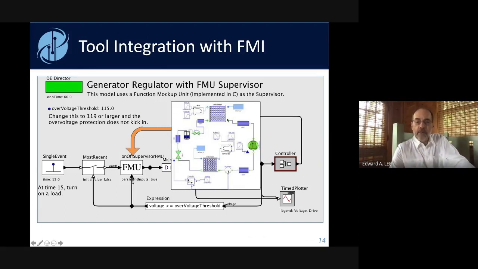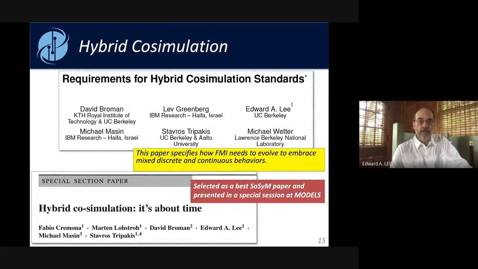So you can integrate Modelica models with Ptolemy II through this FMU interface. This is an example of such an integration. This insert is a graphical picture of a model constructed with a Modelica tool, which is then exported into what they call a functional mockup unit, which is then integrated into a Ptolemy model, and then you can execute these.